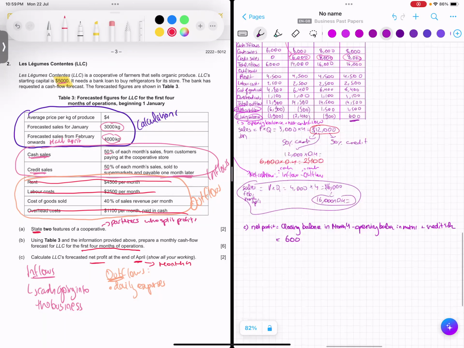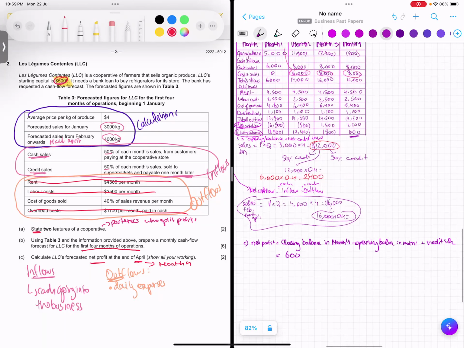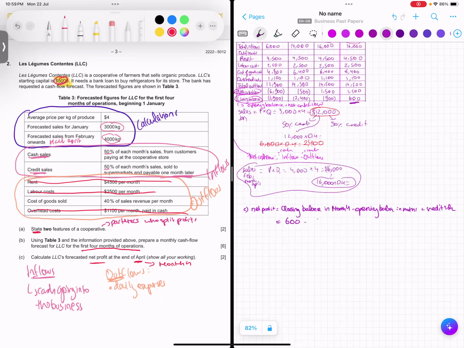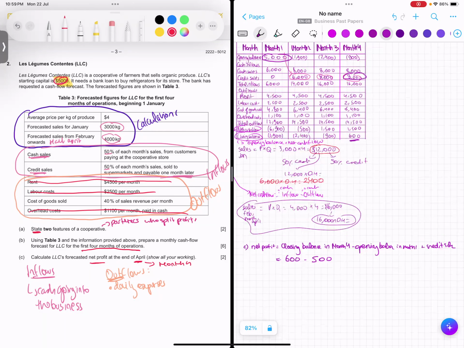But it's minus 500 plus the credit sales we had, which is 8,000, because these are our credit sales right here. Sorry, I skipped a zero, 5,000 opening balance. So we get 600 plus 3,000, so it's 3,600. So basically that's it.